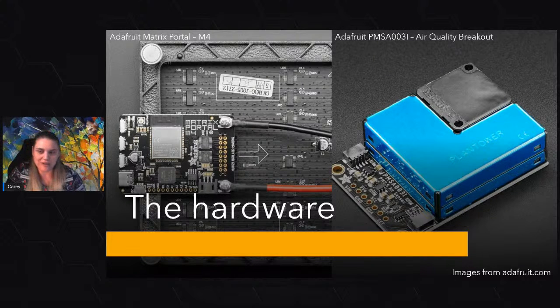The air quality sensor that we're going to be using today is the Adafruit PMS-A003i. This sensor communicates using I2C through that STEMMA connector and produces a data stream that updates once per second. It provides the PM1.0, PM2.5, and PM10 concentration in both standard and environmental units.